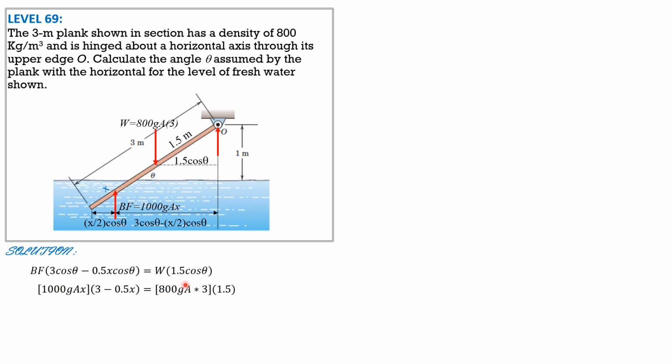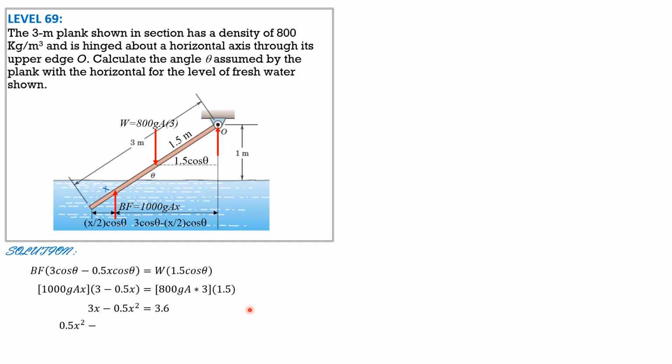Cancel out g and A also and divide everything by 1000, so what remains is x times (3 minus 0.5x), or 3x minus 0.5x squared, equals 0.8 times 3, 2.4, times 1.5, which is 3.6 on the right side. So 3x minus 0.5x squared equals 3.6.